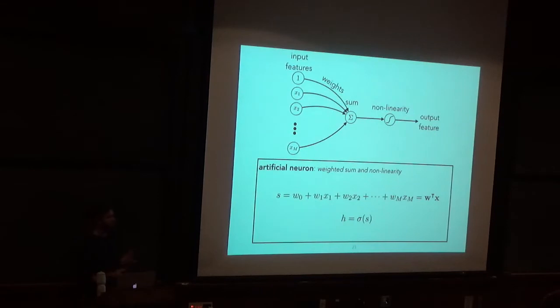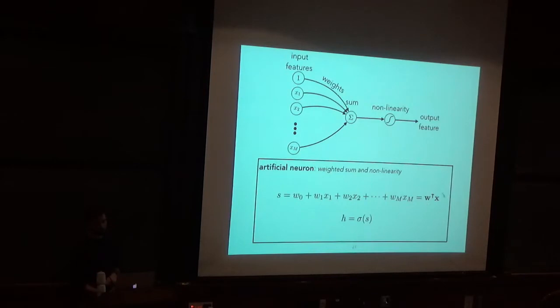So let's actually get into the mechanics under the hood here. Each of these artificial neurons is really just computing this weighted sum and a nonlinearity. This sum here I'm going to represent with the letter S, and that just involves this dot product of each of the weights against each of their corresponding inputs here.